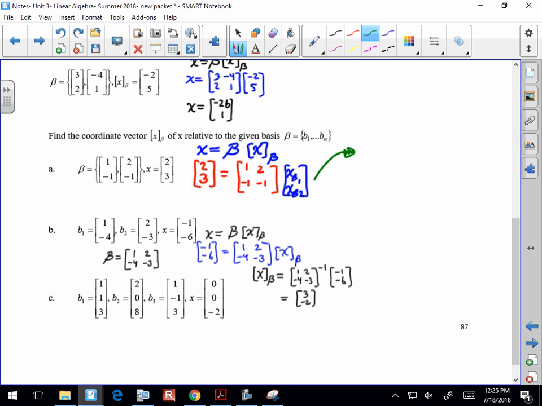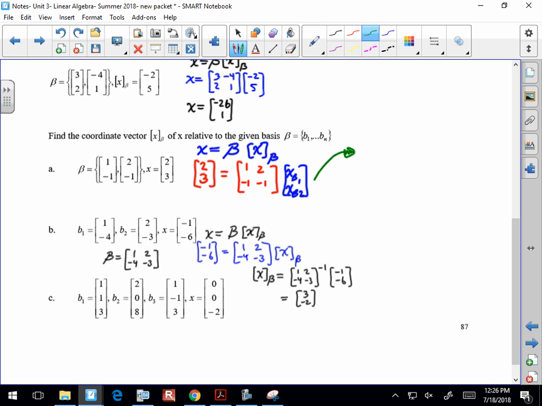So we know again that we don't have matrix division, but we do have the ability to multiply both sides by the inverse of a matrix, provided that that matrix is invertible, so just do a quick check on that. Diagonal down gives you a negative 1, diagonal up gives you a negative 2.